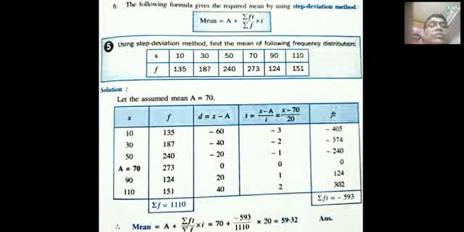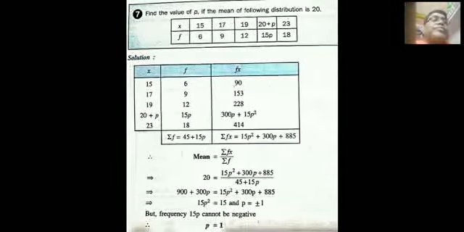Now mean is equal to A plus sigma ft by sigma f into i. So A is 70 plus minus 593 by 1110 into 20. So you will get 59.32.